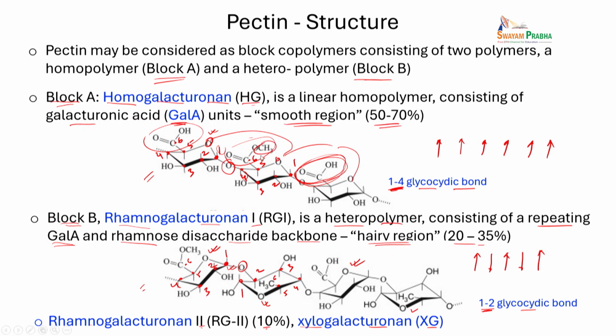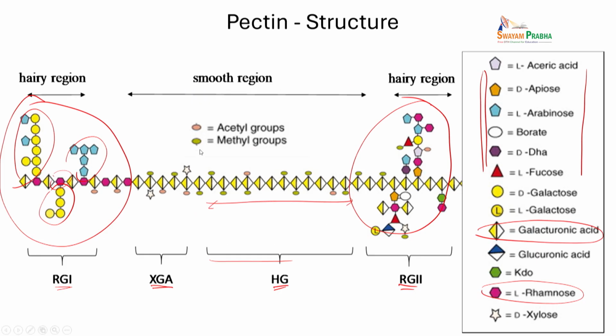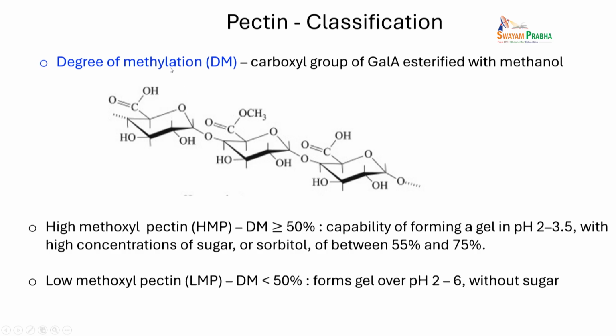Okay, so depending upon how many of the total galacturonic acids are esterified with methanol, that is what defines the degree of methylation. The carboxylic group of galacturonic acid is esterified with methanol, giving you this kind of group.